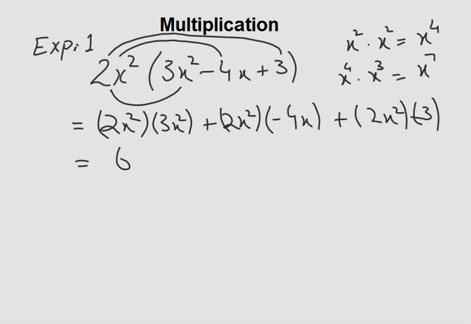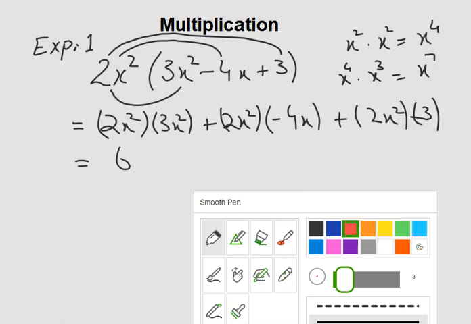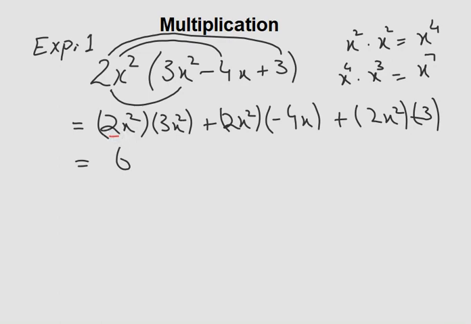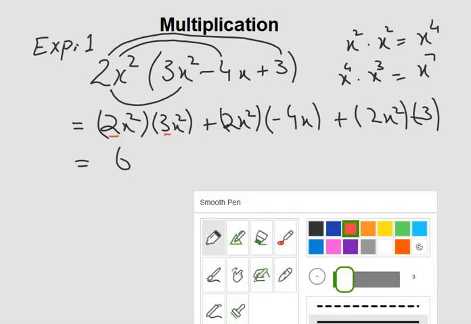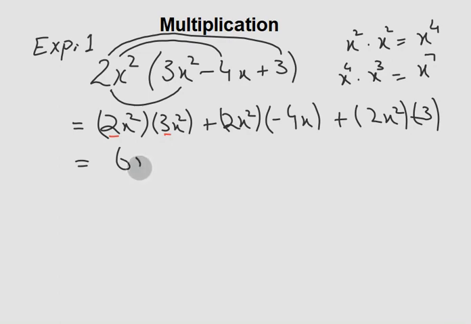So only the coefficients will be multiplied, and the variable will be the same, only its power will be changed. Here 2 3s are 6, and x square multiplied by x square, so we will get x to the power 4.